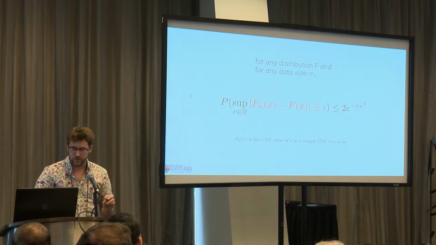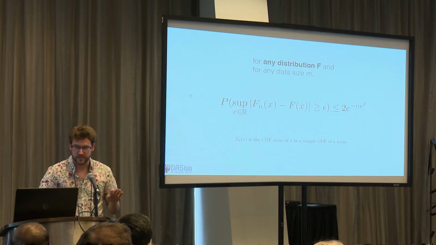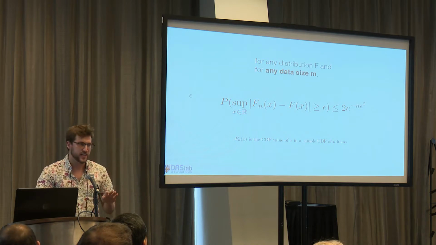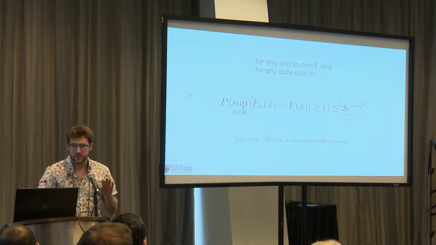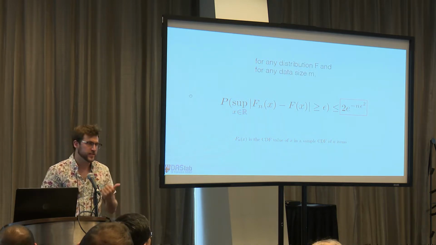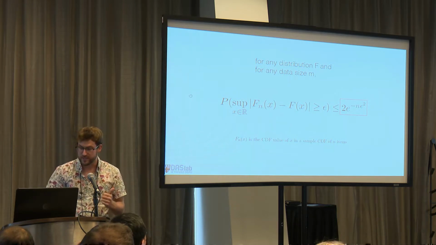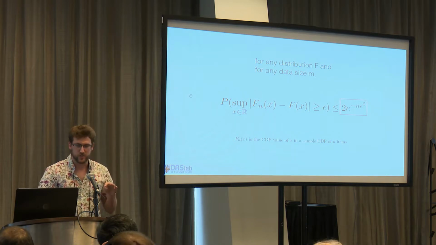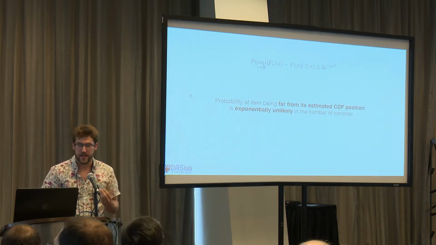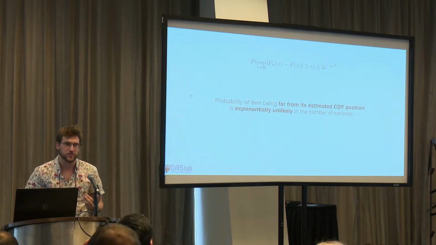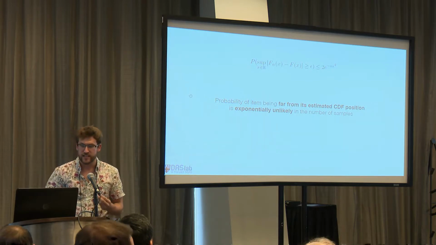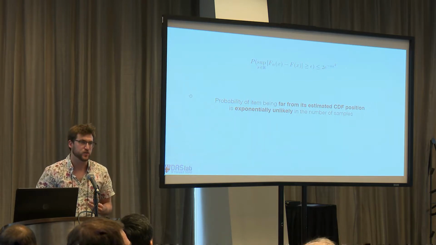The second thing to note is that this is for all distributions F and for all data sizes M. And actually, neither of these 2 terms appears in our bound. So our bound is independent of both of them. And what this essentially says is that regardless of our distribution, the chance that our estimated CDF position is far away from the actual CDF position is exponentially unlikely as we take more samples.